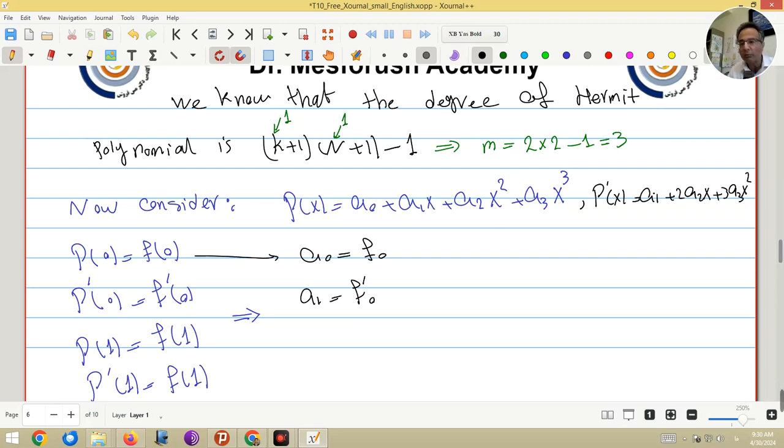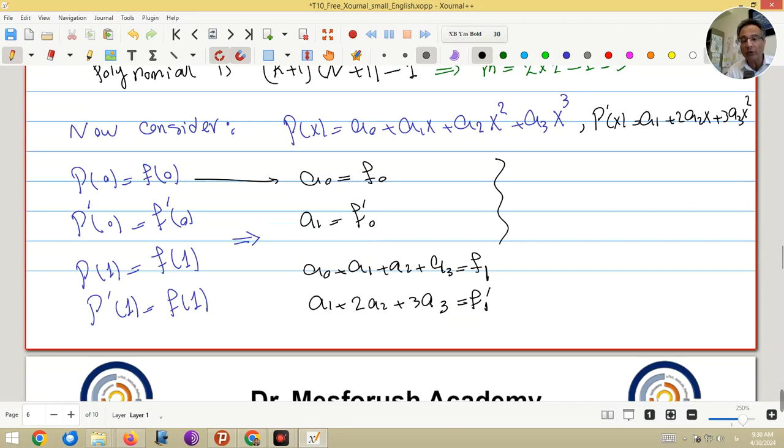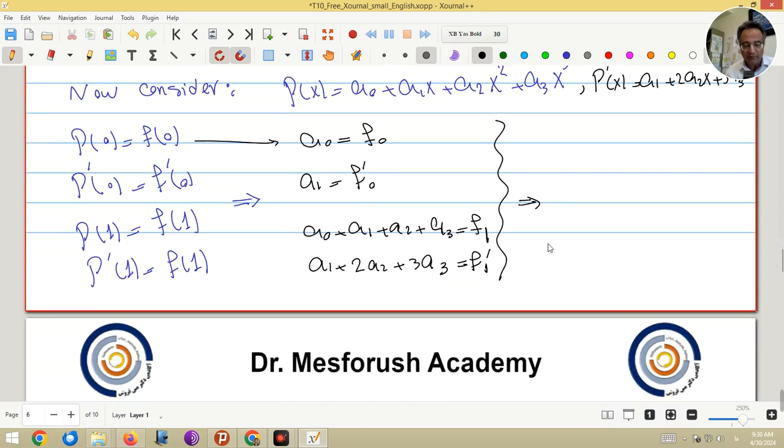And p1, put 1 instead of x here. We get a0 plus a1 plus a2 plus a3 is equal to f1, and also p prime 1: a1 plus 2a2 plus 3a3 equal to f prime 1.